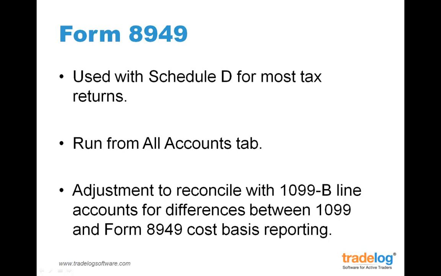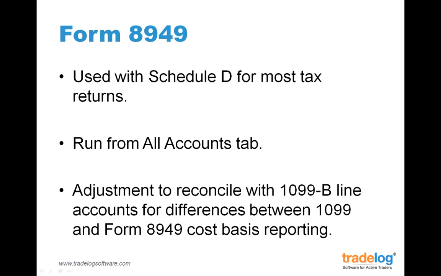There are just a couple of little exceptions, but the majority of people do need to complete Form 8949. This is the main report used in TradeLog for tax reporting for your stocks, your options, and your other capital gains and losses. So you run that from the All Accounts tab. Again, if you have multiple accounts in TradeLog, it's important that you run this report from the All Accounts tab.